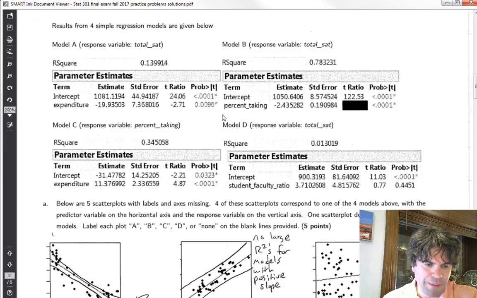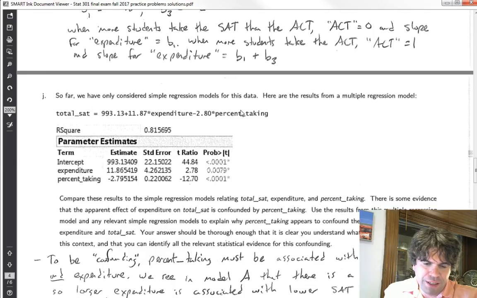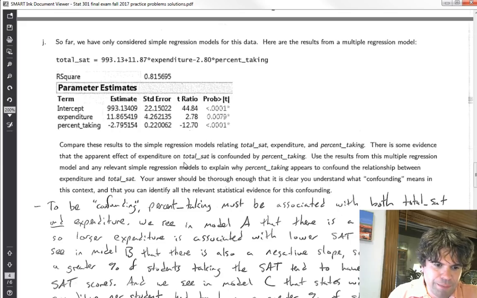Well, there's an argument to be made here. We have an initial apparent relationship between total SAT and expenditure. So it says there is some evidence that the apparent effect of expenditure on total SAT is confounded by percent taking.